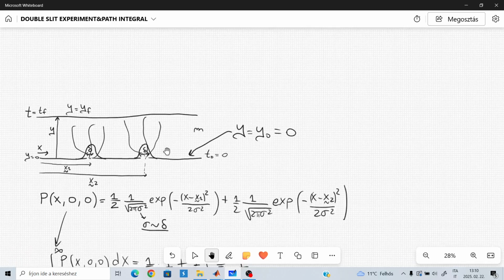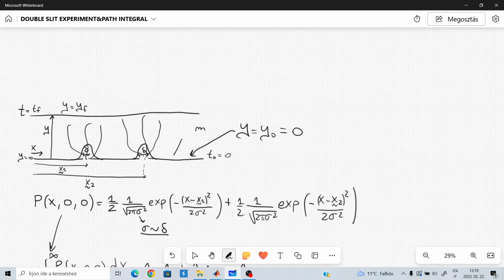And since we start to integrate from this plate, we don't have to integrate also on y0. We have to start at a point which is slightly off the plate.